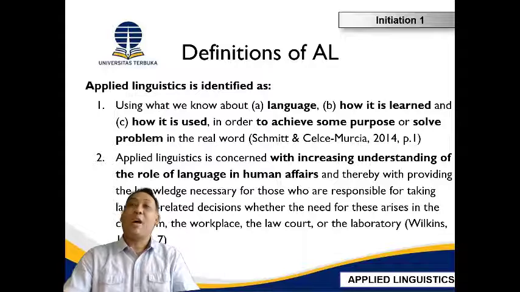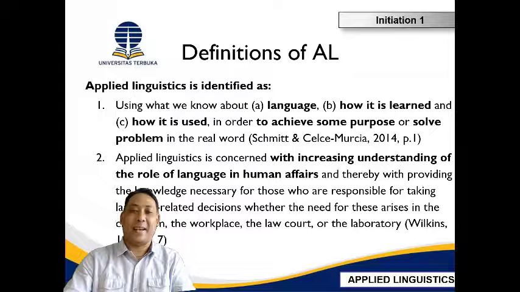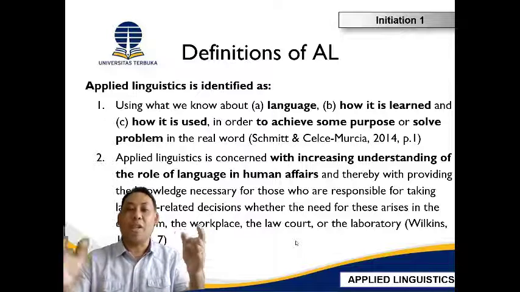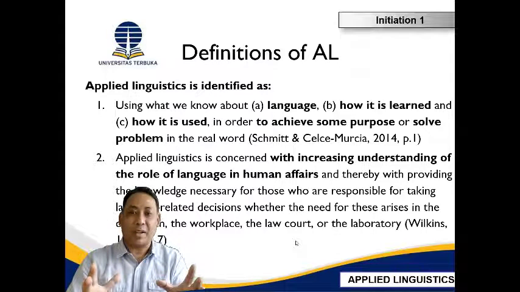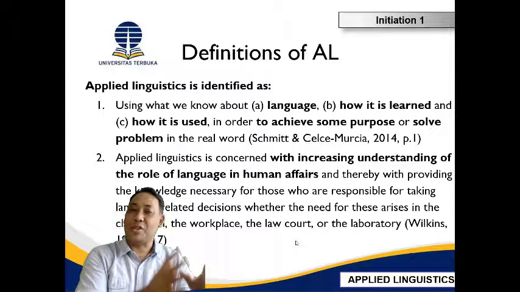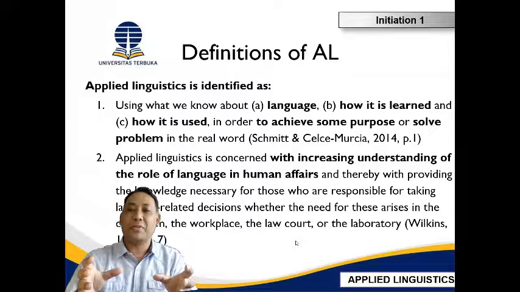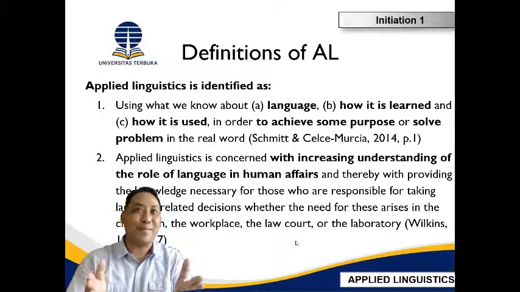Okay, now we can identify the definitions of applied linguistics. You can see here that applied linguistics is using what we know about language, how it is learned, how it is used in order to achieve some purpose or solve problems. This is the key.